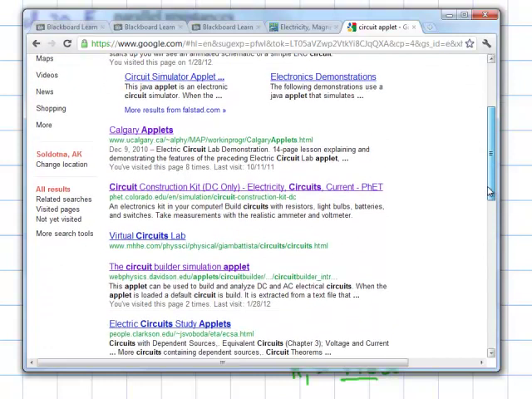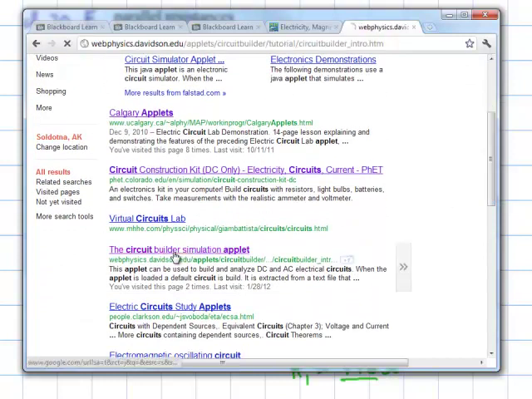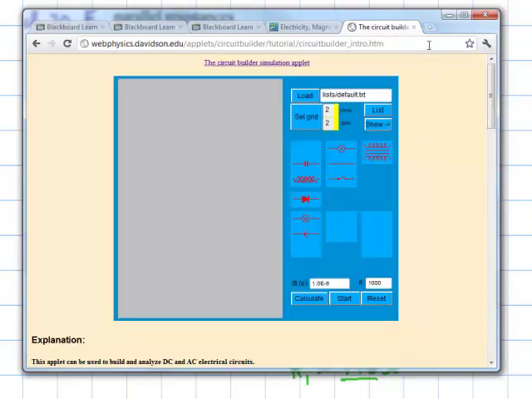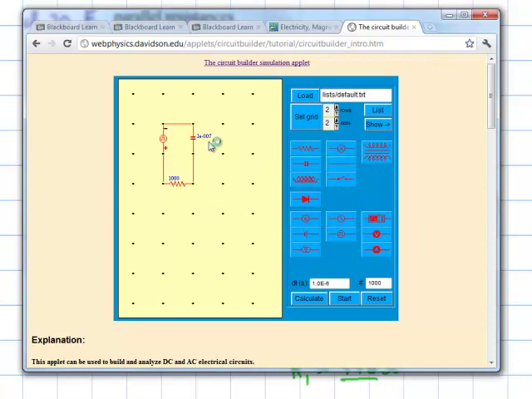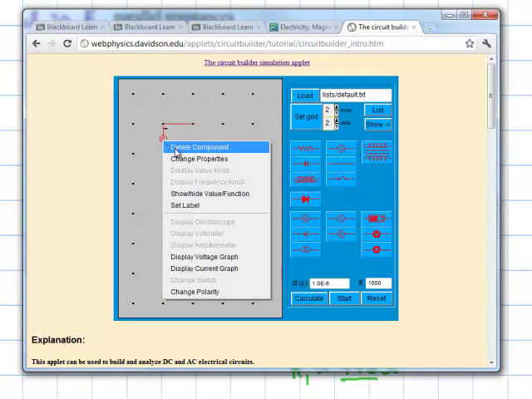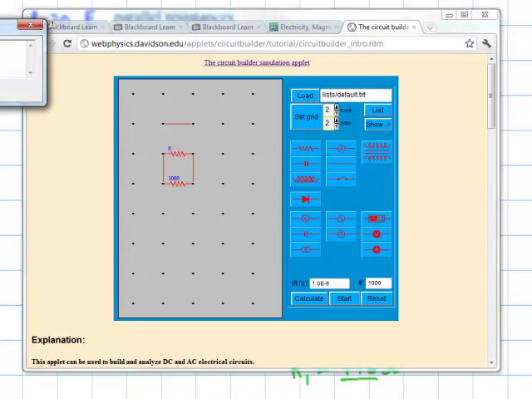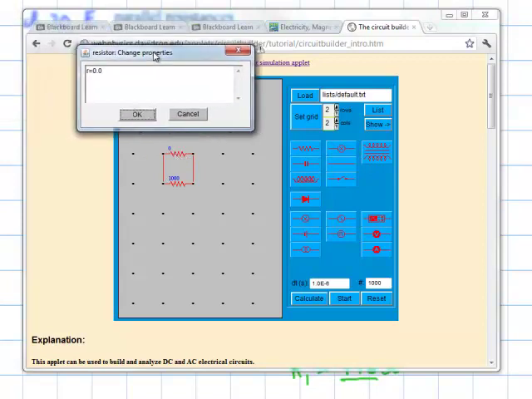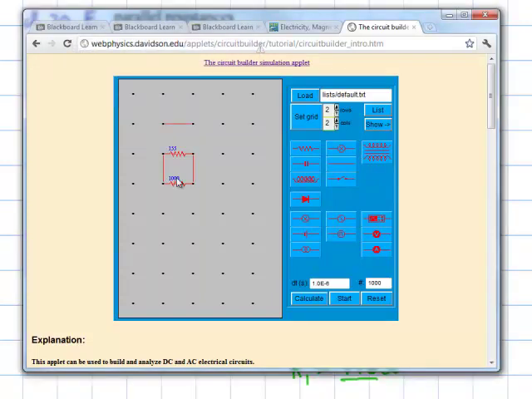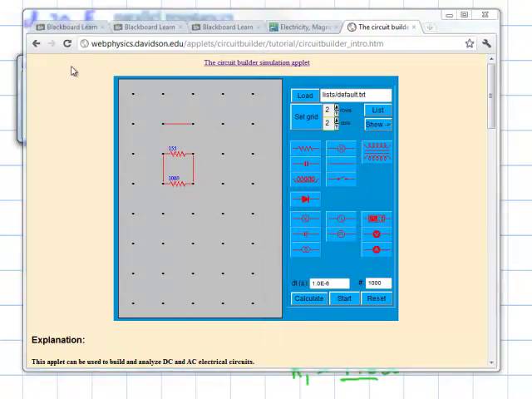And the one that I do like is this one here. At this point there's a little bit of too much in here. I don't know how to erase everything. I'm going to put a resistor right here, and it asked me to put in a resistance, so I'm going to put in 155 ohms, and then apparently I have to change this one here to my calculated 446 ohms.